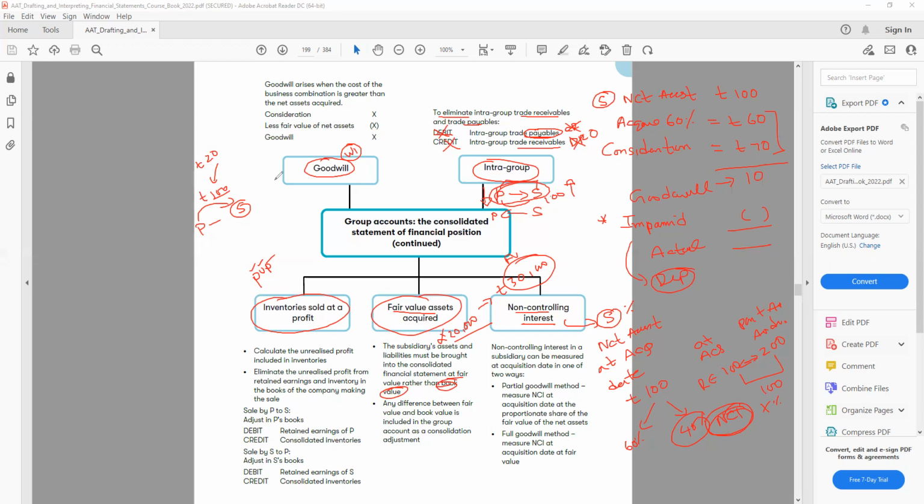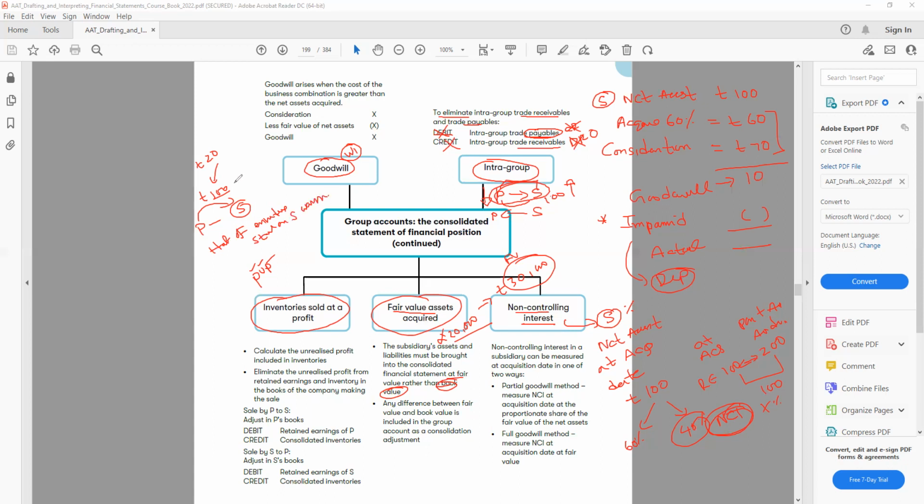Now, we can have a look here. So when we have this sort of thing, the question might tell you half of the inventory is still on the subsidiary warehouse.